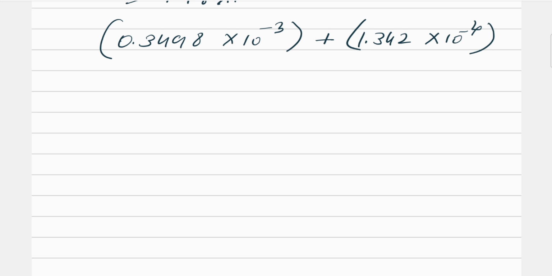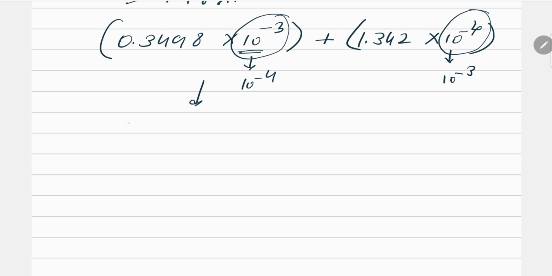We can do two things: either convert 10 raised to power negative 3 into 10 raised to power negative 4, or 10 raised to power negative 4 into 10 raised to power negative 3. We have to make the exponent powers common. If we convert the first, it becomes 3.498 into 10 raised to power negative 4. The other way, it becomes 0.1342 into 10 raised to power negative 3. So this is how it can be done.